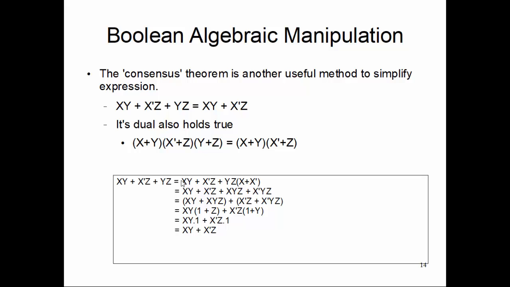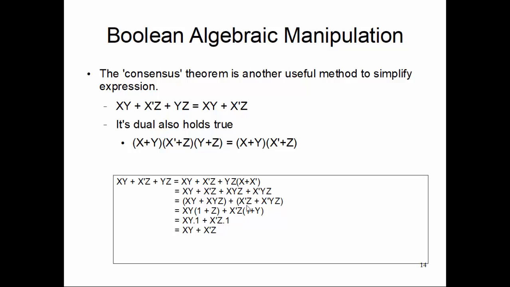So we write yz as x or x bar times yz. Then we expand this term into xy, x bar z, xyz, and x bar yz. Then we combine xy and xyz, and x bar z and x bar yz.